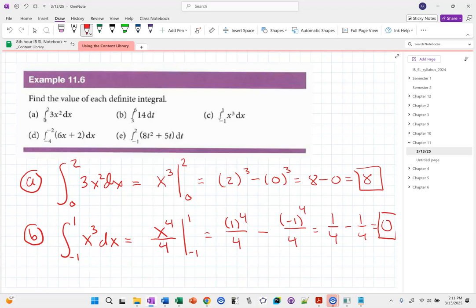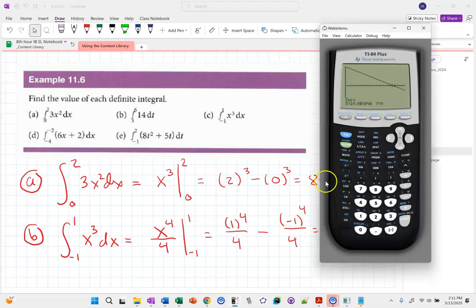Can I show you something awesome? Watch this. If I go to our calculator, guess what the calculator can do? Definite integrals.